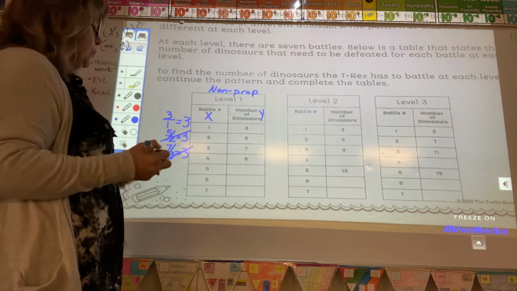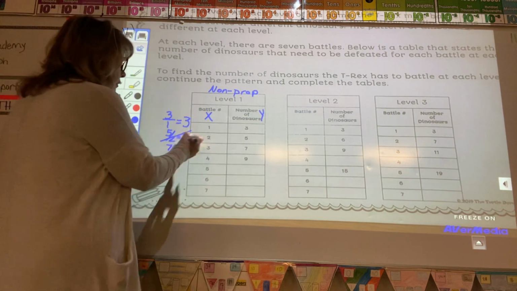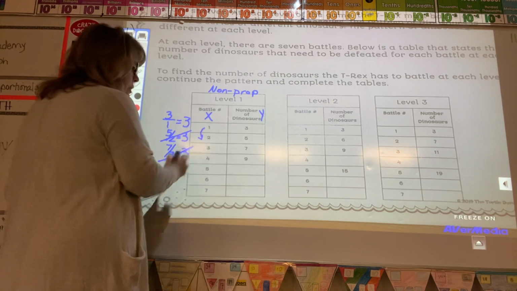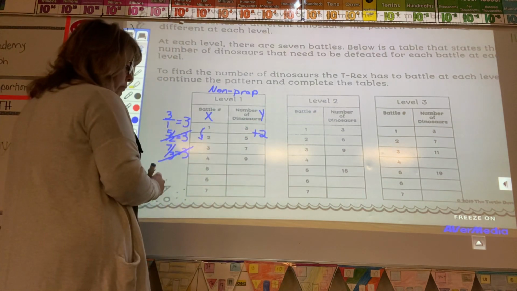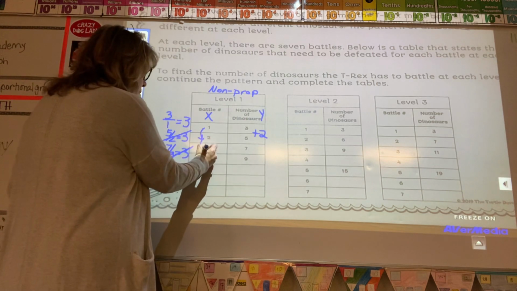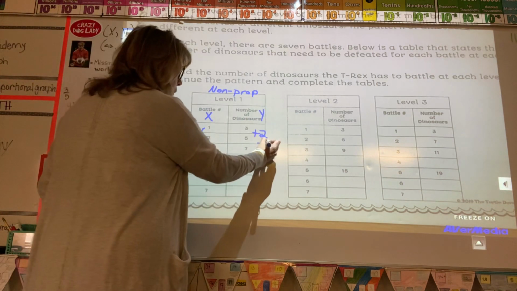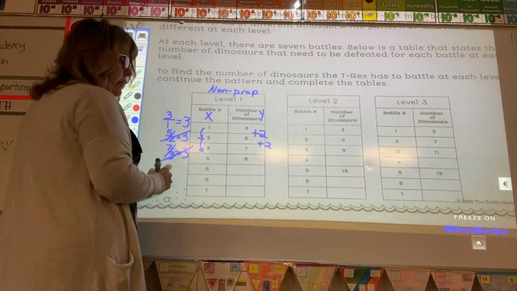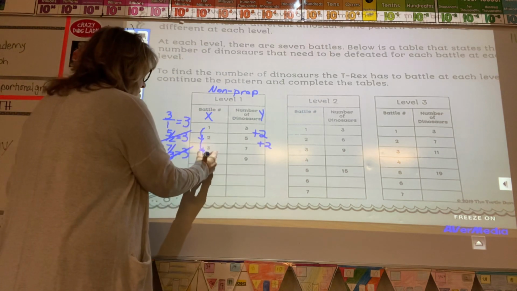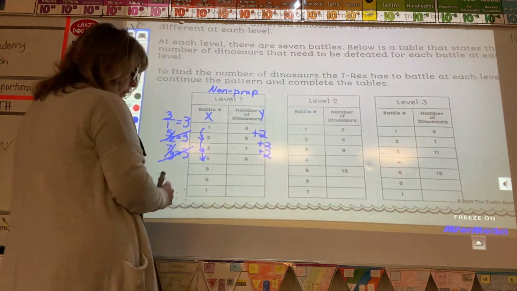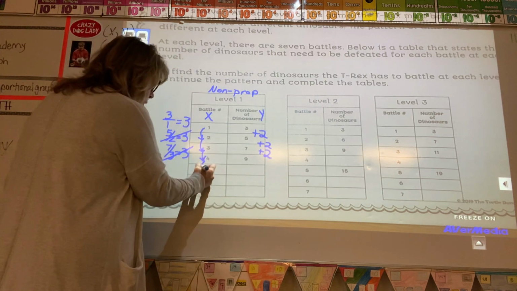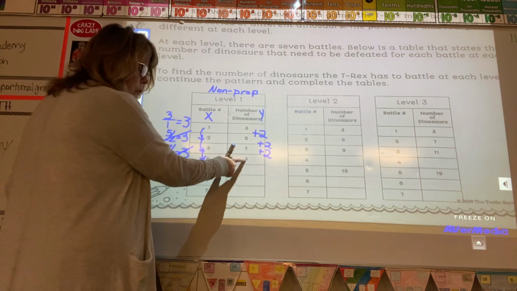But what is it increasing by? Well, from level 1 up to 2, we added 2 dinosaurs. From level 2 up to 3, we added 2 more dinosaurs. Interesting. From level 3 up to 4, we added 2 more dinosaurs. So from level 4 to 5, what should we do with that 9?